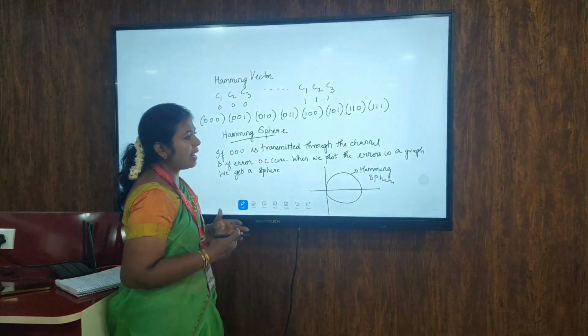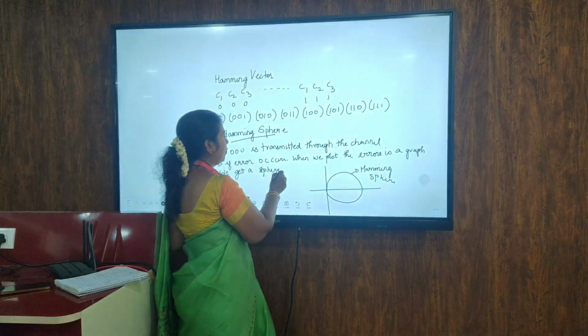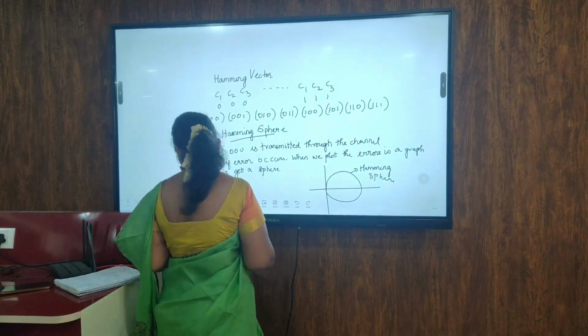Whenever we plot any errors on a graph, it represents a sphere. So we call this a Hamming sphere.